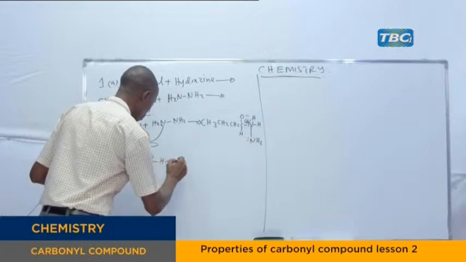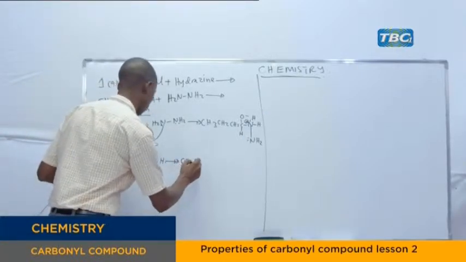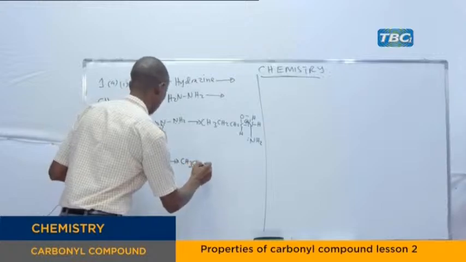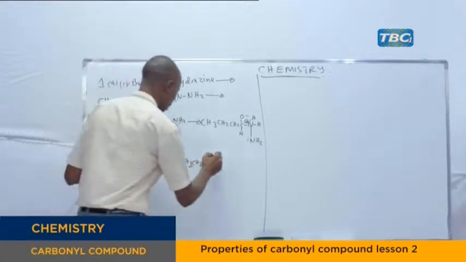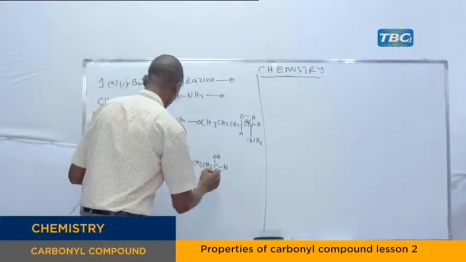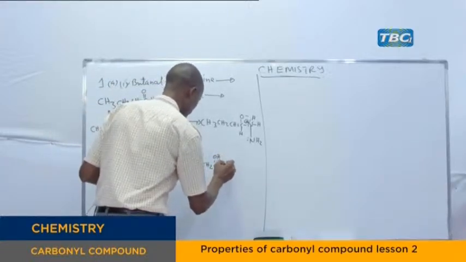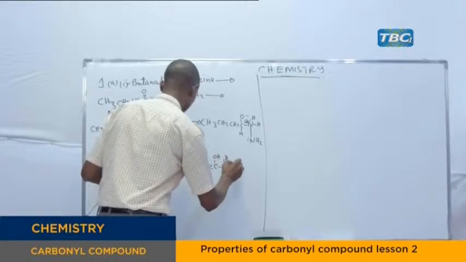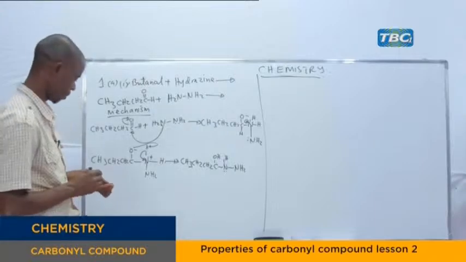So here we are going to form the following compound. This proton will be taken there, OH will be formed, with nitrogen having its lone pair, NH2, as you can see.